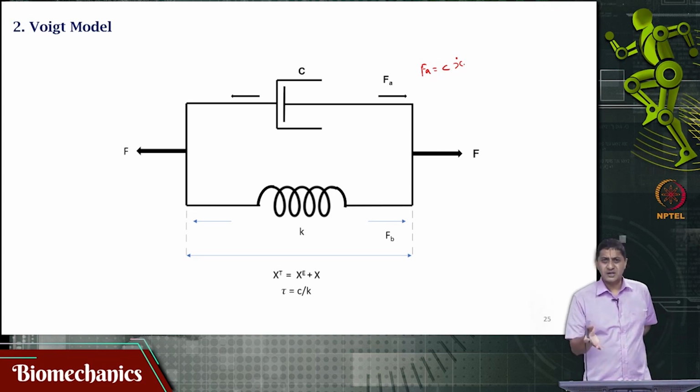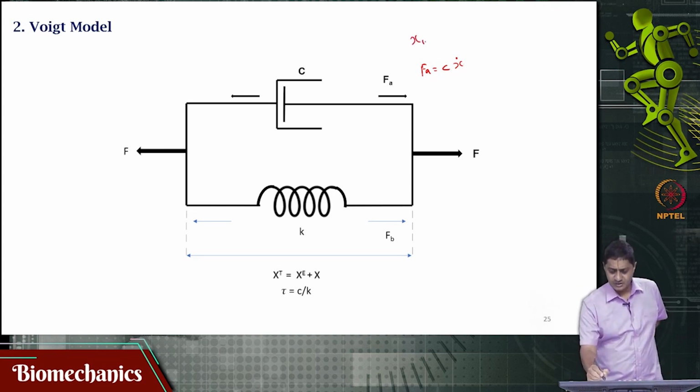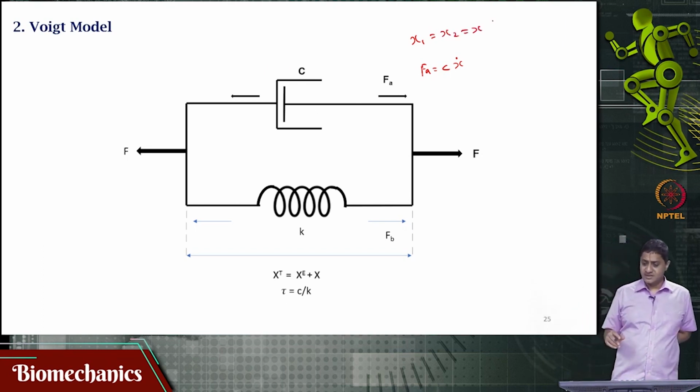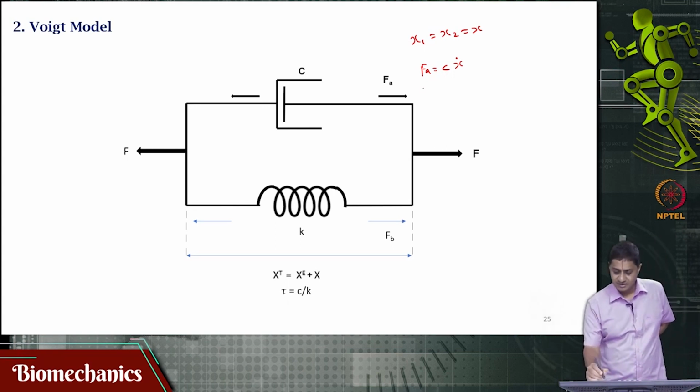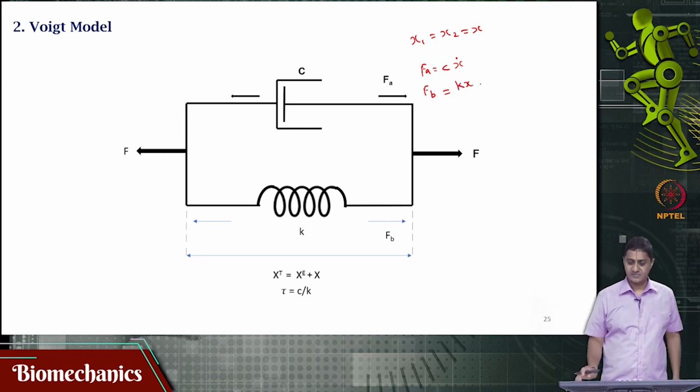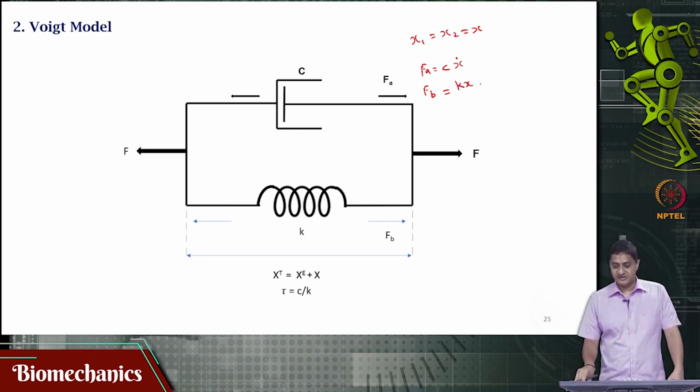I can say Cx1 dot, where x1 is the deformation at element 1, and the deformation at element 2 is some x. So the force that is felt at the dashpot is Cx dot, and the force that is felt at the spring, the second element, is some Fb, and that value is Kx. These are the two forces that will be felt. x is the same.